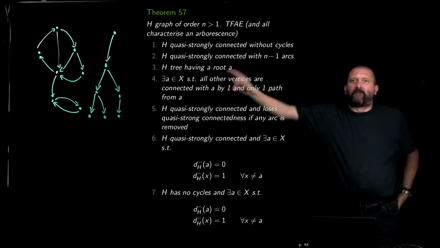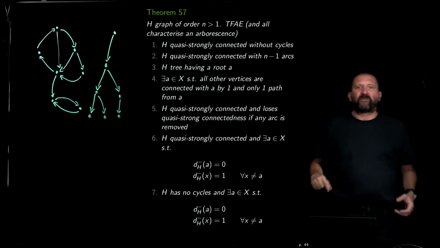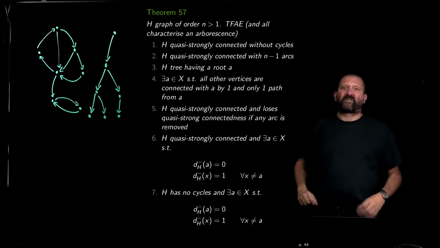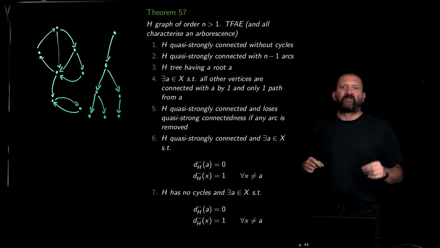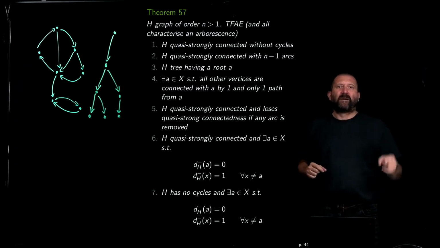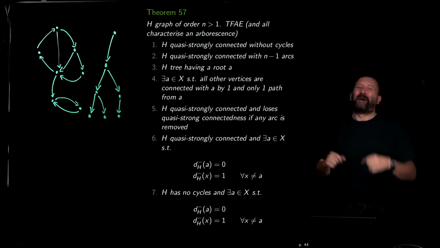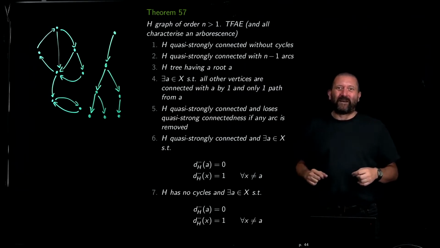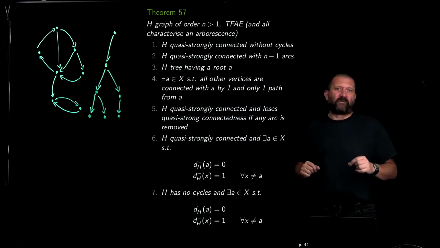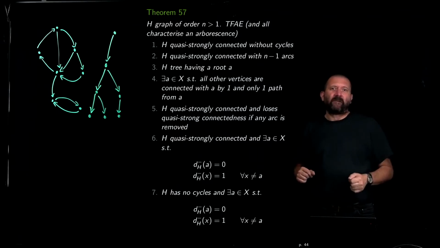Where was I? Here. H is a tree and it has a root. There is a vertex A such that all other vertices are connected with A by one and only one path from A. H is quasi-strongly connected and loses that property if you remove any arc.